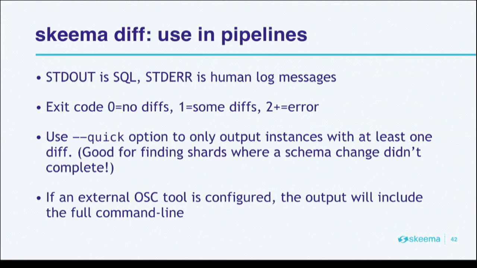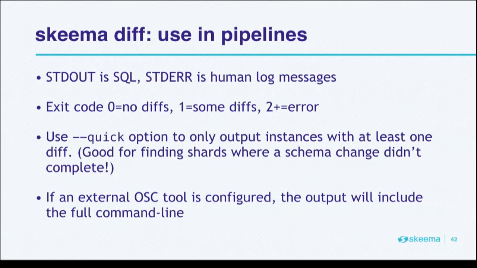The exit codes, again, are usable in automation. So 0 is no diffs. 1 is there was at least one diff. 2 or more is an error. That matches many diff tools in other areas of Linux. Also, like the standard Linux diff tool, there's a quick option, which could be useful in a sharded environment. Say you have a ton of shards and you want to figure out which shard maybe did not complete a schema change.